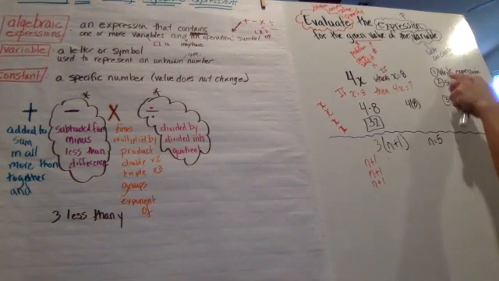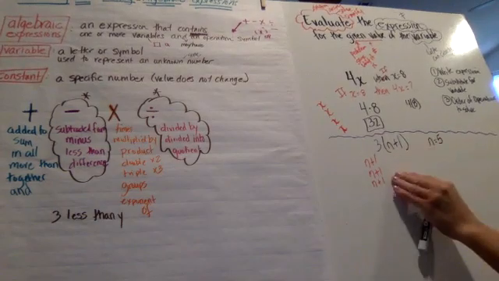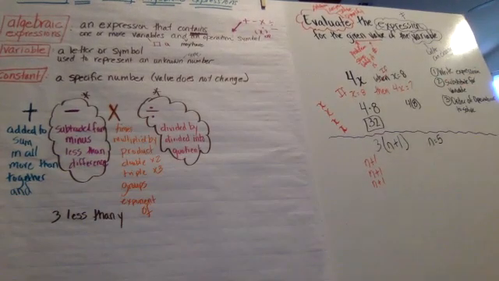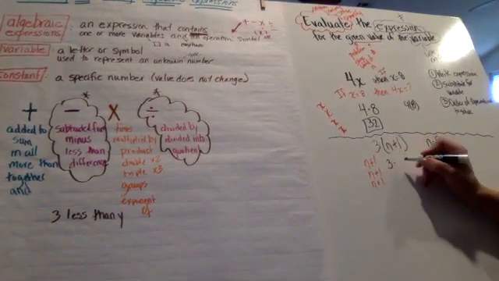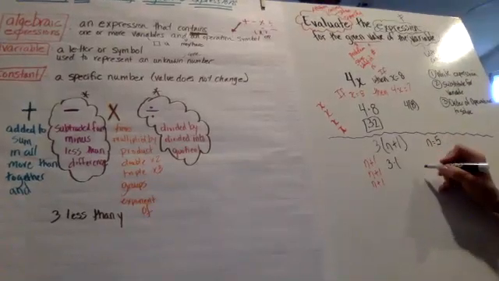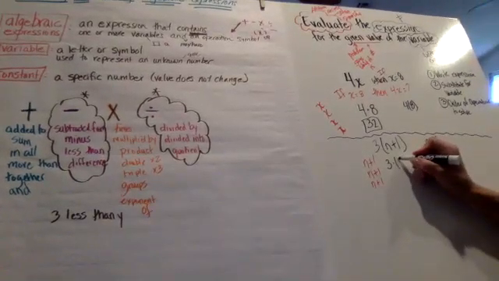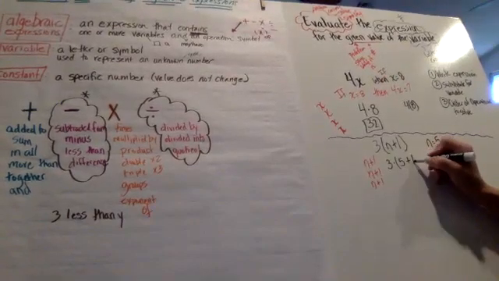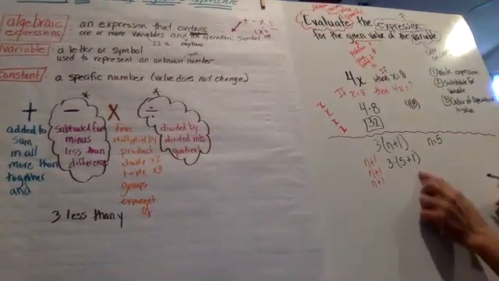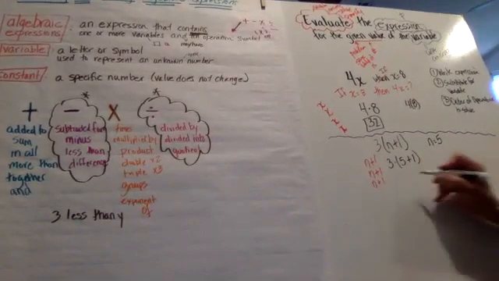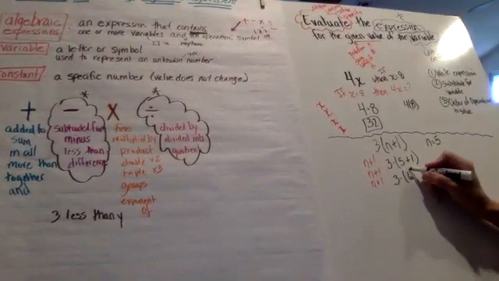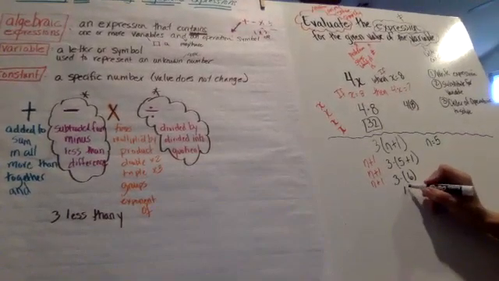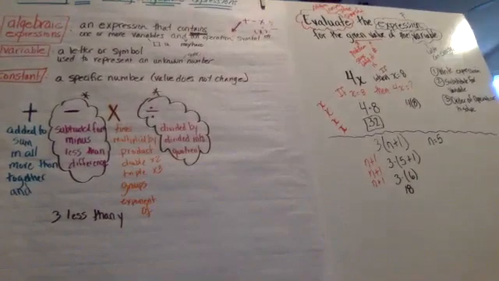So write the expression. I'm just thinking about what it means. I'm going to substitute for the variable. That's my next step. So I have 3, remember that means times the quantity of, that's how we say parentheses. N is 5 plus 1. So order of operations, parentheses first. So 3 times, and then 5 plus 1 is 6. 3 times 6 is 18.